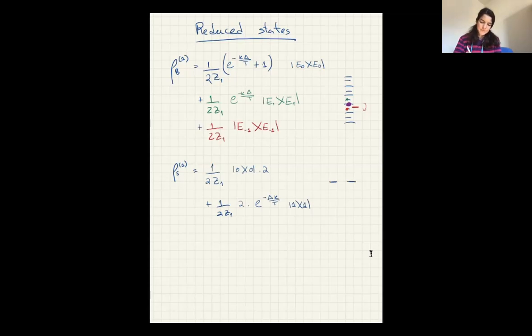Well, if you look at it, this is exactly a thermal distribution, right? 1 over z times this plus this was like the population that we had in the thermal state at the beginning, right? So this is exactly the row of the first qubit before we did this step.